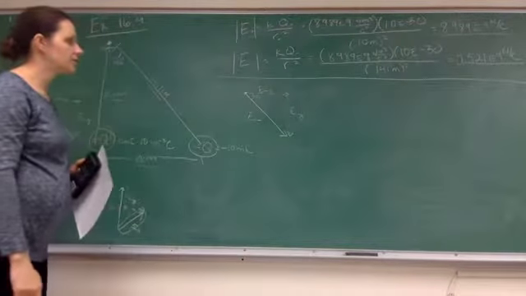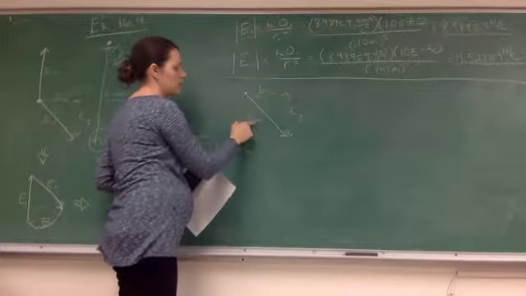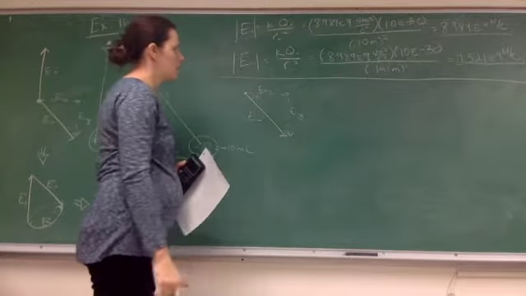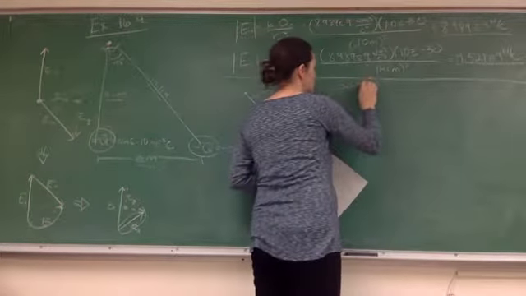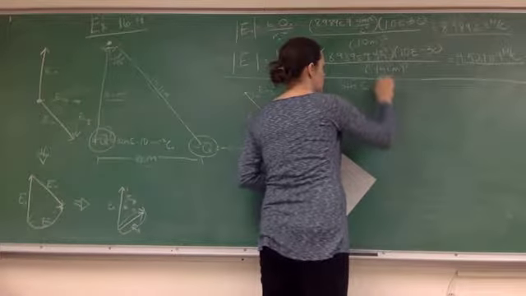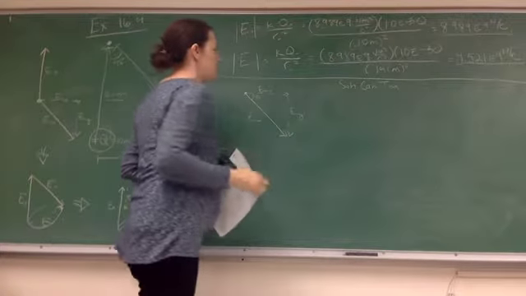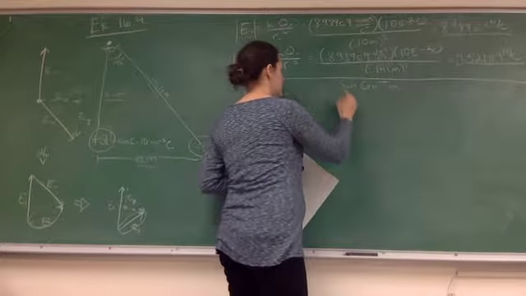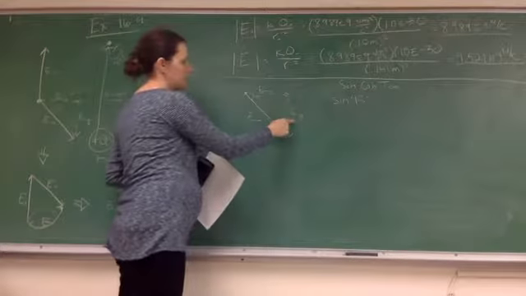So I can use SOHCAHTOA to figure out what the length of these two are, given that I know one length and one angle. So using SOHCAHTOA, sine is opposite over hypotenuse, cosine is adjacent over hypotenuse, tangent is opposite over adjacent. I like to start with sine. So sine of 45 degrees is going to be the opposite side over the hypotenuse.